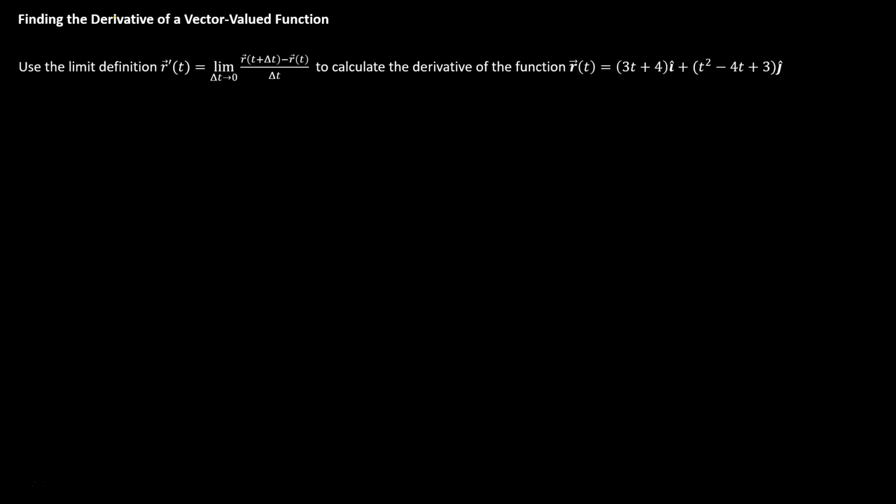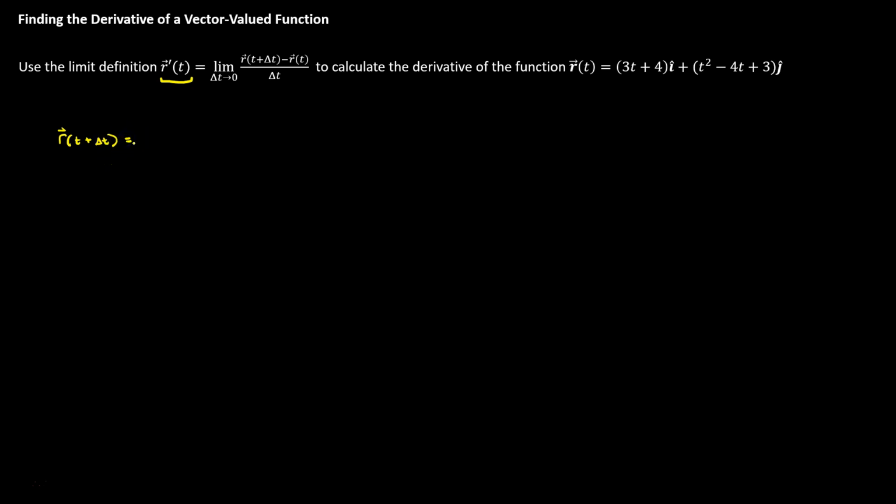So let's use this limit definition to find the derivative r prime of t. The function we're looking at, r of t, is a vector function with 3t plus 4 in the i hat direction, and t squared minus 4t plus 3 in the j hat direction. To use this limit definition, we first need to find r of t plus delta t.